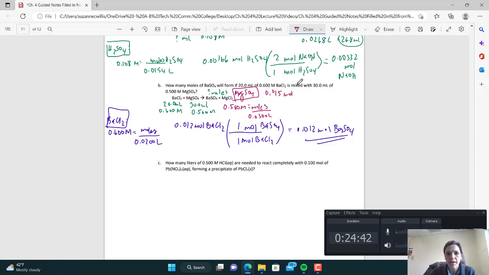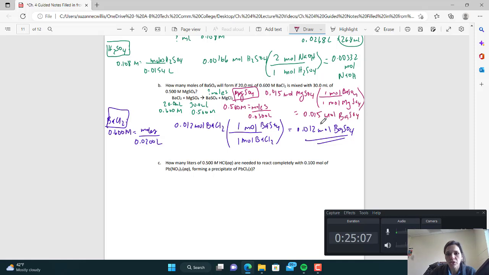I used my molarity information to figure out how many moles were present. Now I'm going to use my balanced equation to go from moles of magnesium sulfate to moles of barium sulfate to see how much could be made. It's also a 1-to-1 mole ratio, so it's able to produce 0.015 moles of barium sulfate.